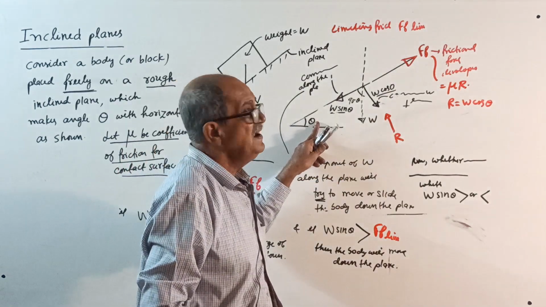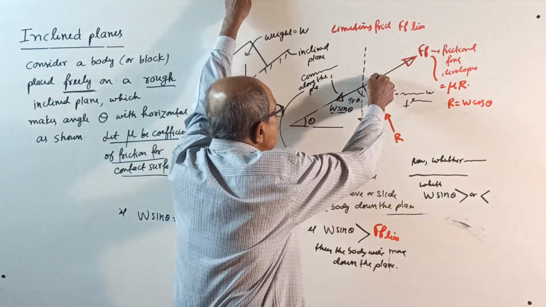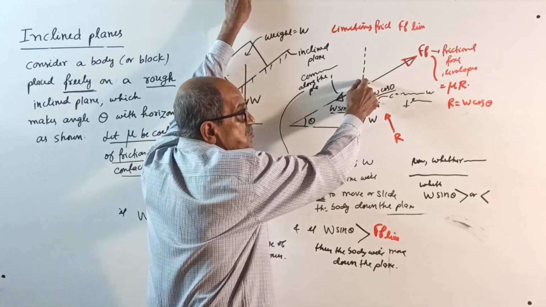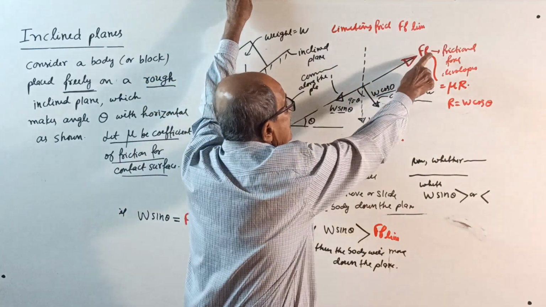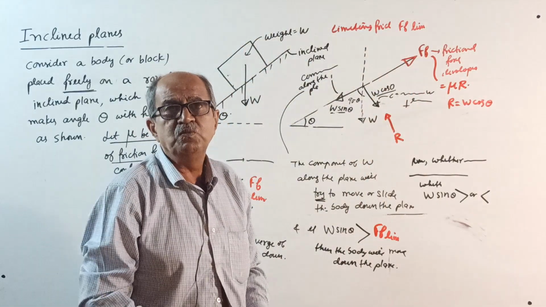If the angle theta is such that W sin theta, the component which will try to move it down, is exactly equal to the limiting frictional force Ff limit, the body is on the verge of moving down.